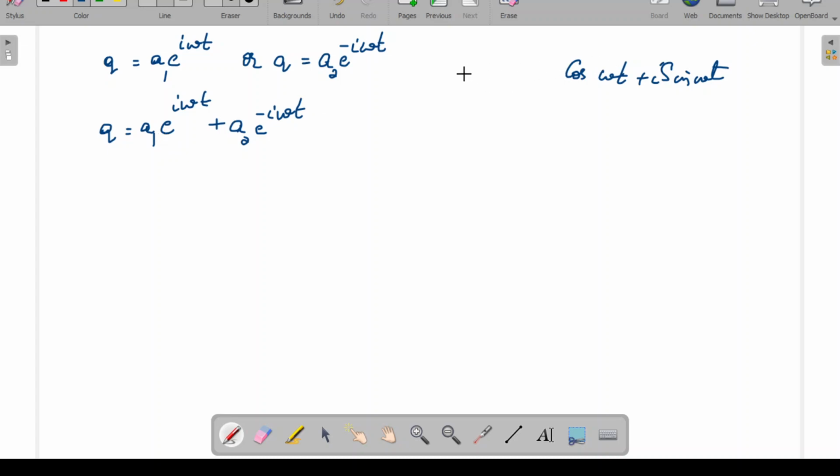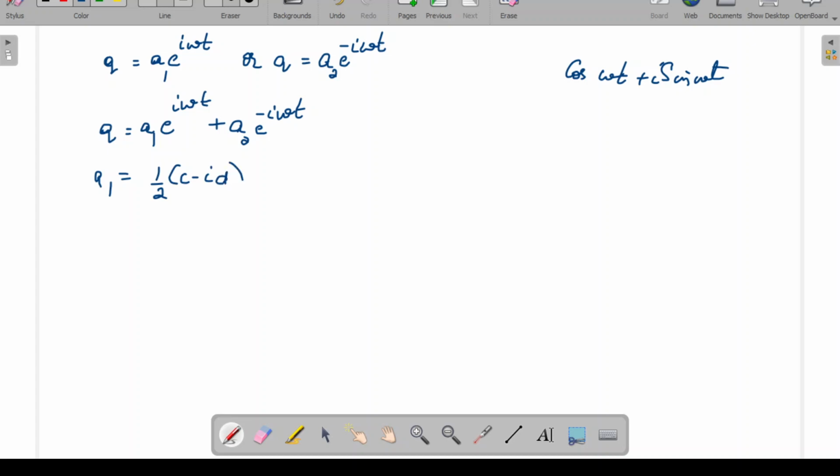That complex number, when I multiply by this one, finally makes q a real number. But then that a1 should be the complex conjugate of this one, so there should be a negative sign. If I consider a1 as some complex number, it should be the conjugate of this. So I consider this a1 as half into c minus id.